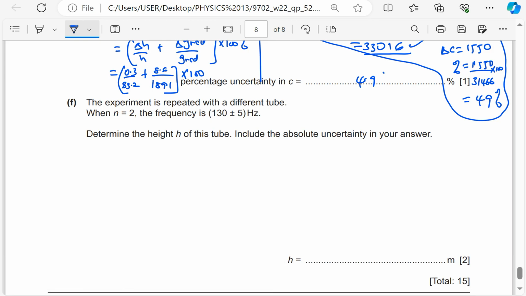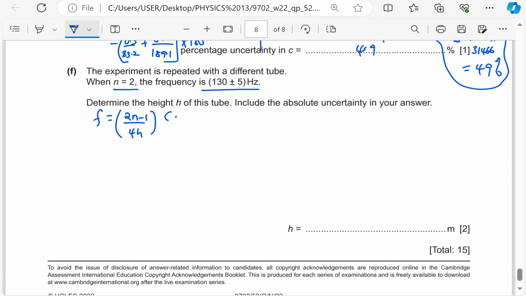And lastly, the experiment is repeated with a different tube, where n is 2, the frequency is 130 plus or minus 50 hertz. Determine the height h. Remember, taking you back, f was equal to n minus 1 over 4h, I think, then times c. And n is equal to 2, so it means f is equal to 2 times 2, which is 4 minus 1, which is 3, over 4h times c.